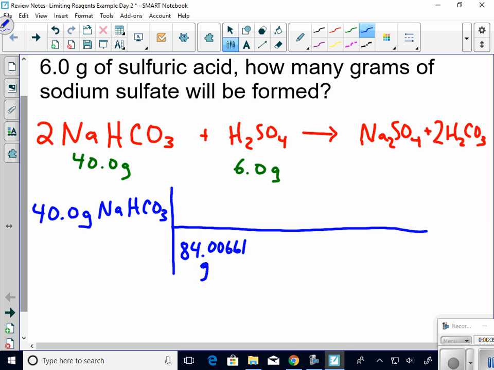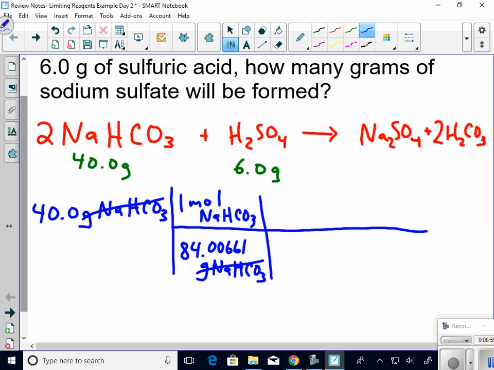I've already done the calculations. 84.00661 grams of sodium bicarbonate is the molar mass, and that is 1 mole of sodium bicarbonate. So now I get my grams to cancel. I've now converted that into moles of sodium bicarbonate.